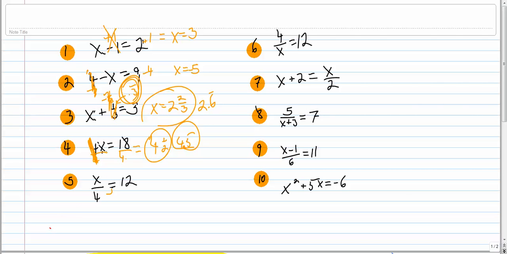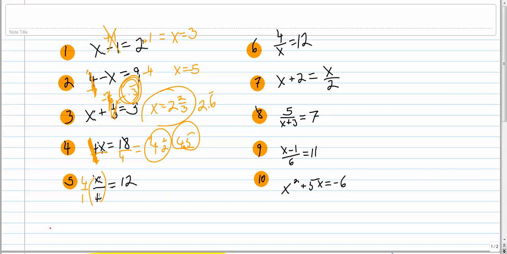Next, even easier, I think. We've got this divided by 4. Now remember, you need to multiply both sides by 4, but don't write it down here, because when you do that, you're putting it in the denominator, and that just messes you all up. So I'm going to stick with the beginner's way. I'm going to say we're multiplying by 4 over 1.